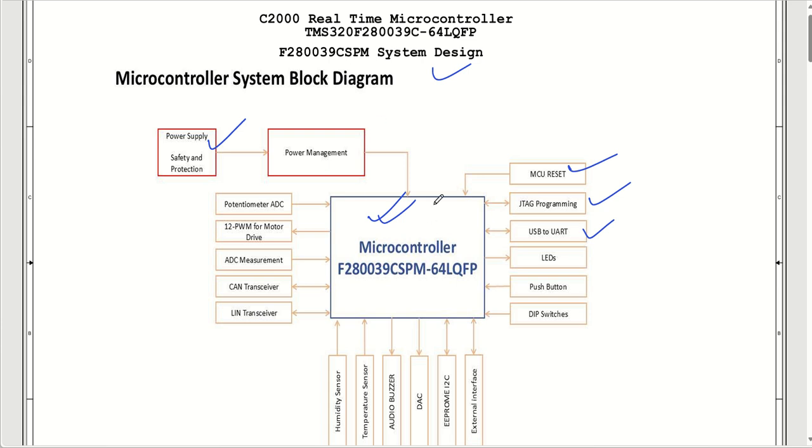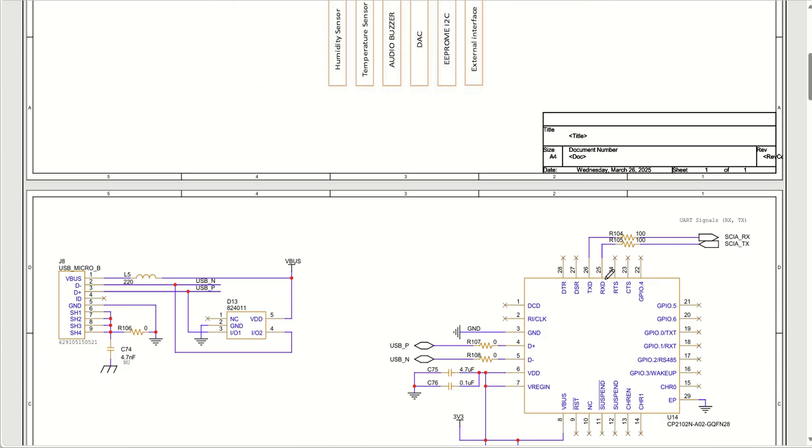Then you design the decoupling capacitors for the power supply pins, and then you design your programming part. This will complete your essential microcontroller schematics, and after that, as required, you can add different peripherals. So let's get started.